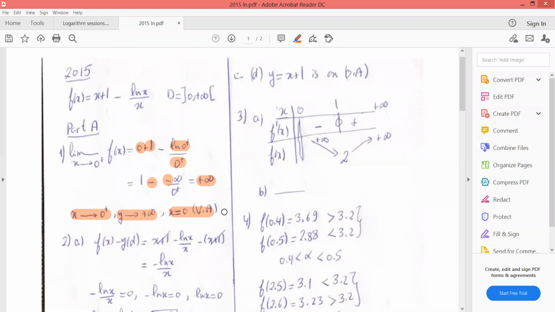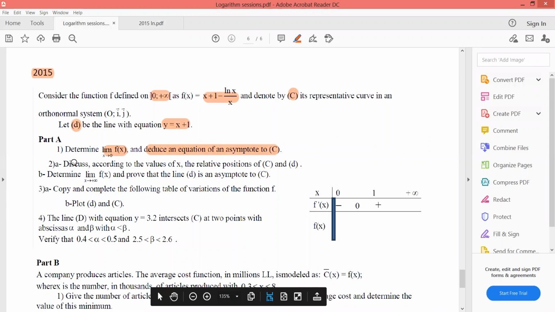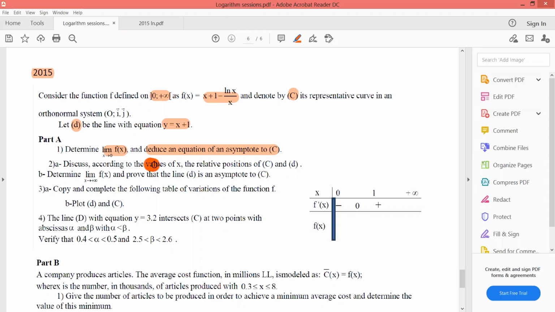Whenever it is done, tell me it is done. Discuss according to the values of x the relative positions of C and D.